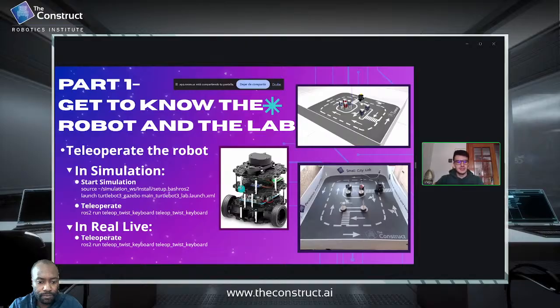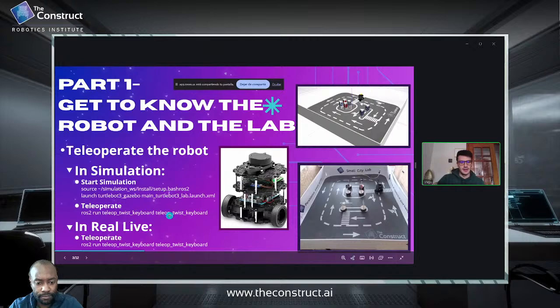The first one is in a simulation. So we need to launch the simulation. So using these two lines of code, we can start a simulation in Gazebo. That is this one on the top. And we see something like that. And after that, we can teleoperate this robot, the TouchBot, using the next command line on the terminal.